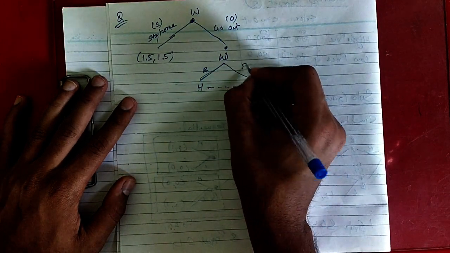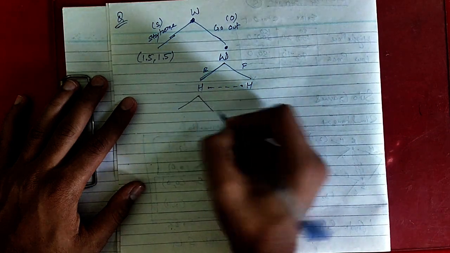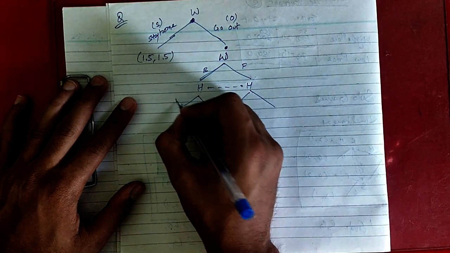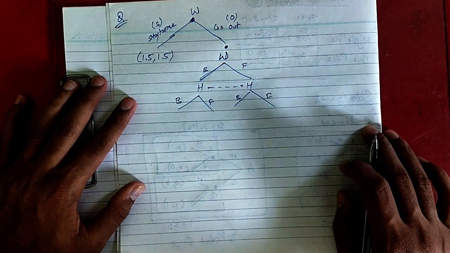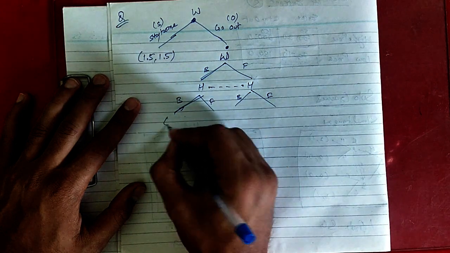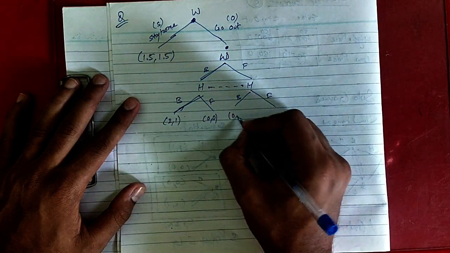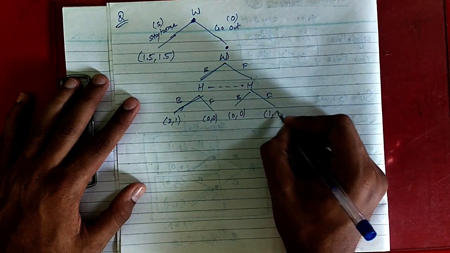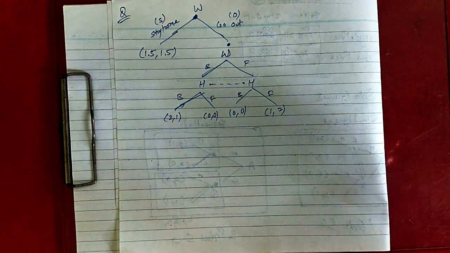Again ballet, football, B for ballet, F for football. Then again the husband has two choices, ballet, football, ballet, football. Now you know the payoff matrix: 2 1, 0 0, 0 0, 1 2. So now what is the question asking?